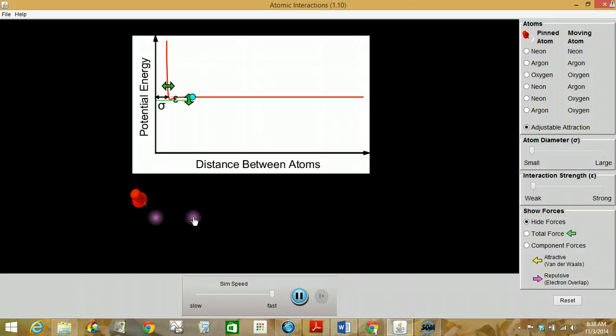We'll try moving it a little bit further to the right. A little bit further.